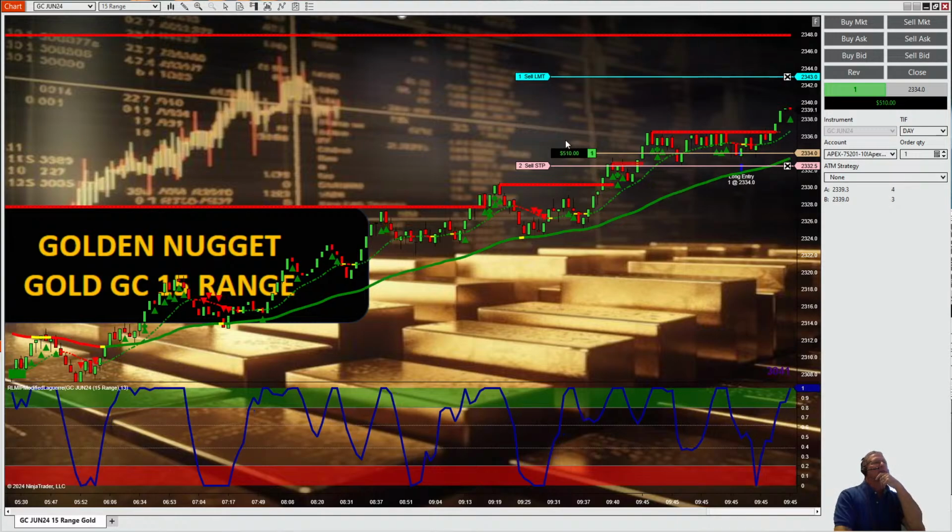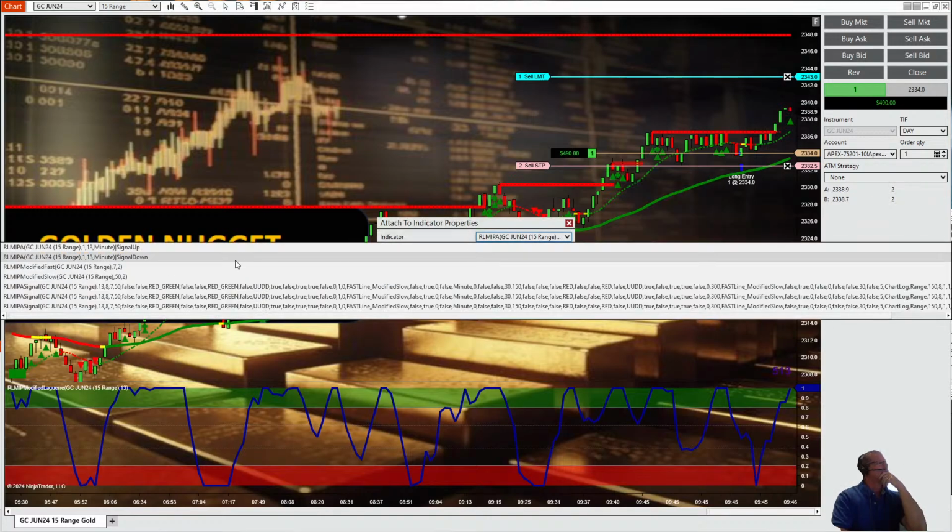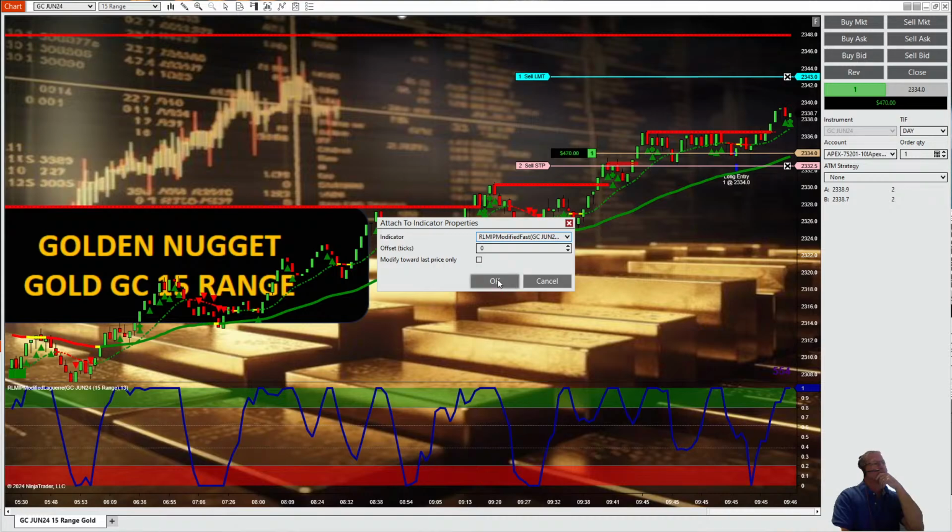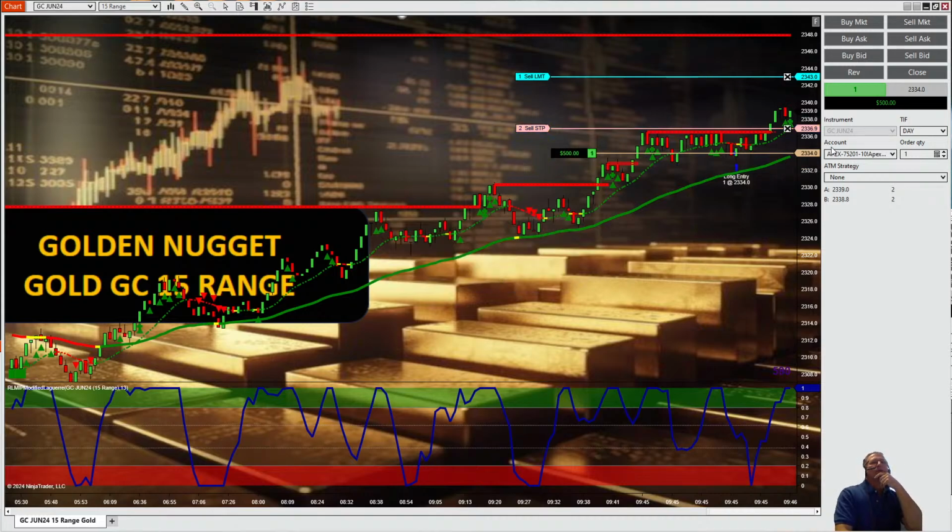It's not giving me the ability to manage the. So I'm going to attach it to my 50. So I have a momentum-based trailing stop now.